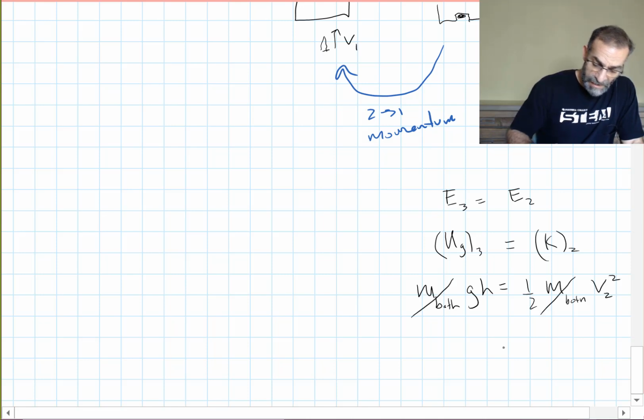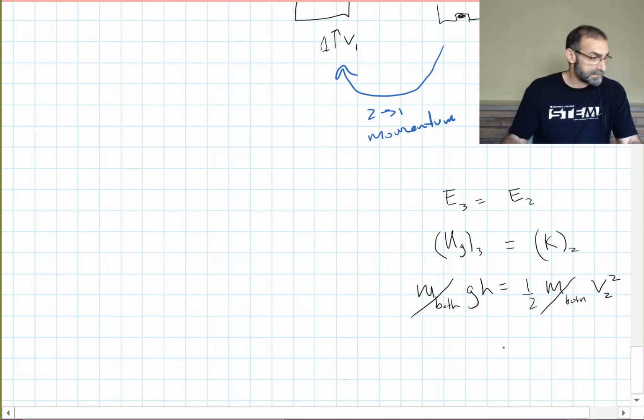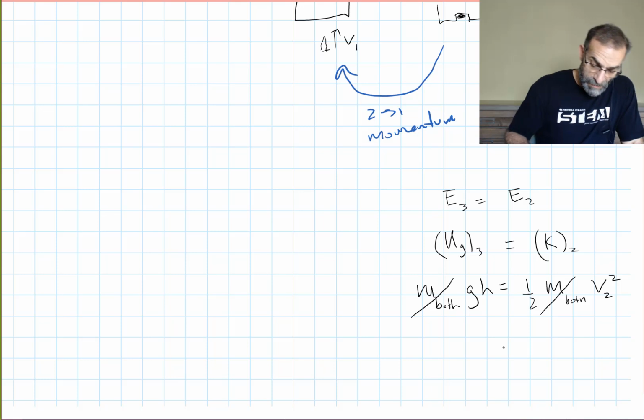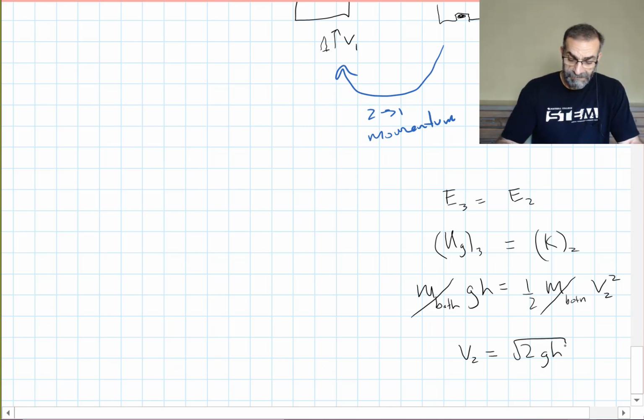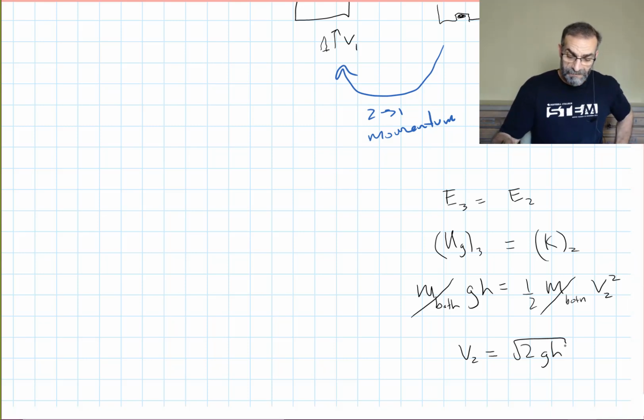And the M's cancel out. And we get our velocity at time 2 is the square root of 2GH. And H was given. Okay.